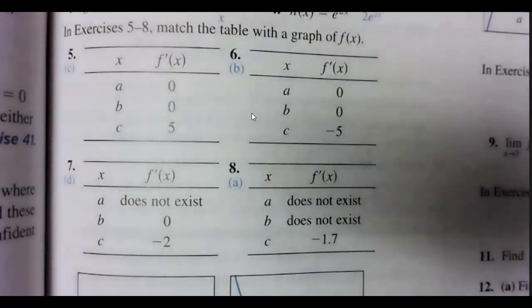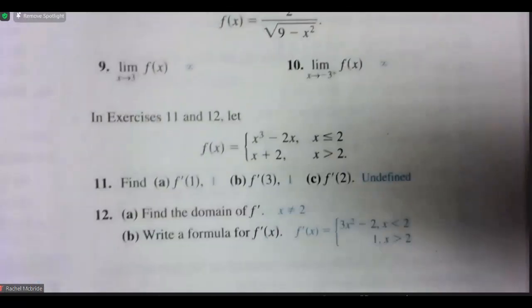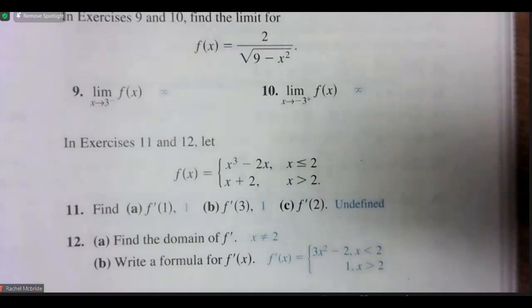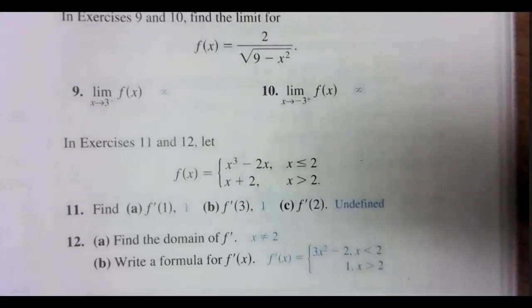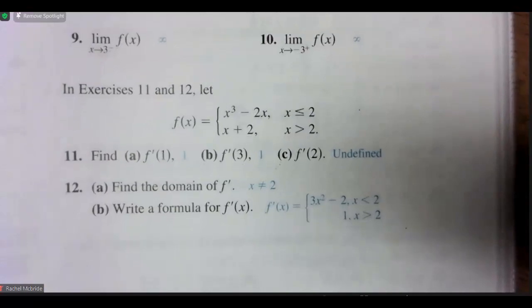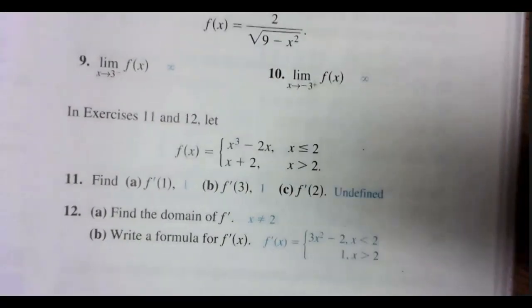And then in 9 and 10 you were telling me about their limits. So we had to go back and recall how to find a limit. And then in 11 and 12, we were finding derivatives as well as domain and derivative formulas.